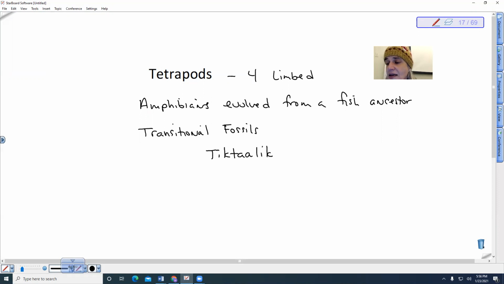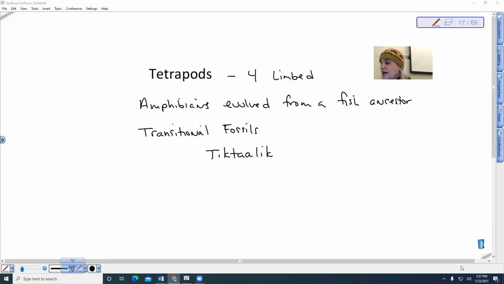Tiktaalik. And let me make sure I spelled that right. Yep. Tiktaalik. This is a fossil. This is not something that has gone extinct, but it seems to be an intermediate between a fish and an amphibian.